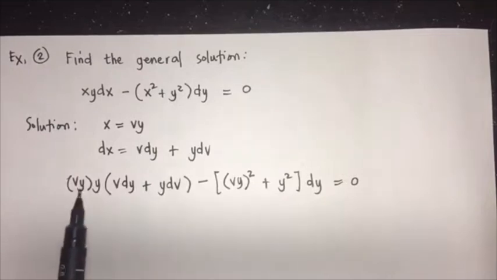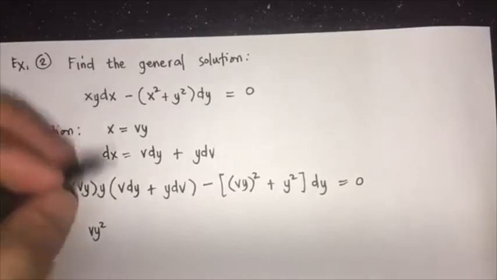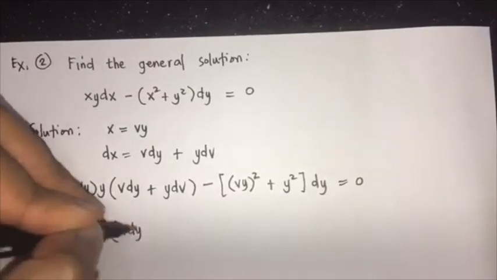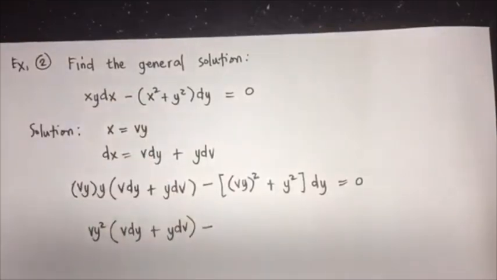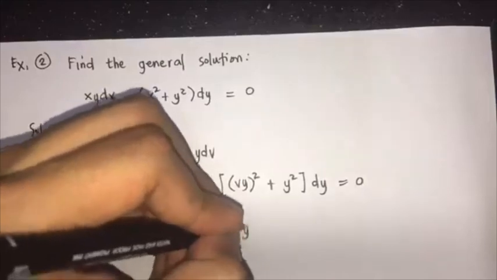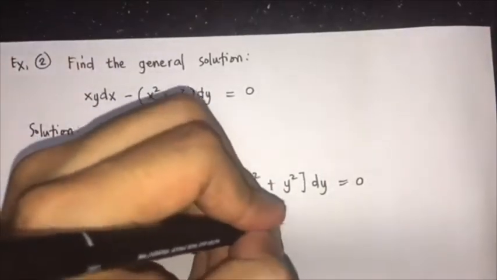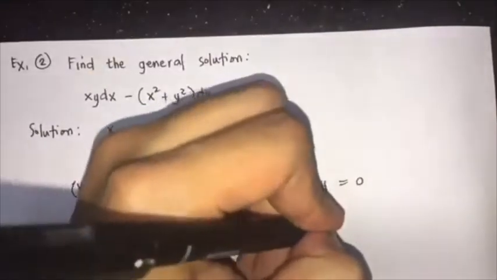So if we simplify, this will become vy squared times v dy plus y dv minus, this will become v squared y squared plus y squared dy is equal to 0.